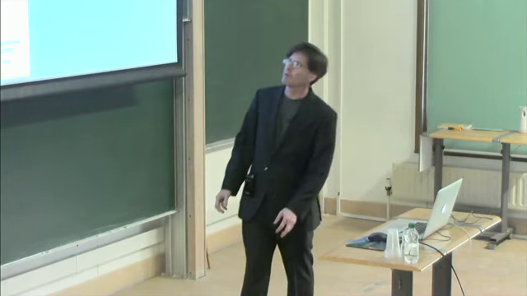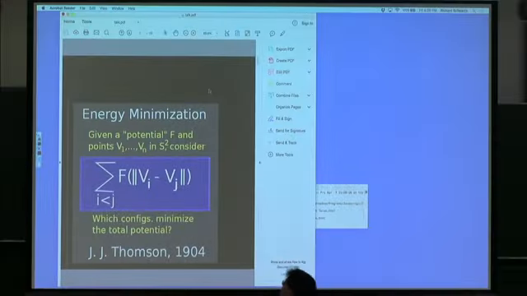So the way it works is that you have some points in the 2-sphere, or for that matter, any metric space. It doesn't really matter, and an interaction between them. The classic case is you would take 1 over the distance between the points. That's called the electrostatic potential. But there are other possibilities as well.